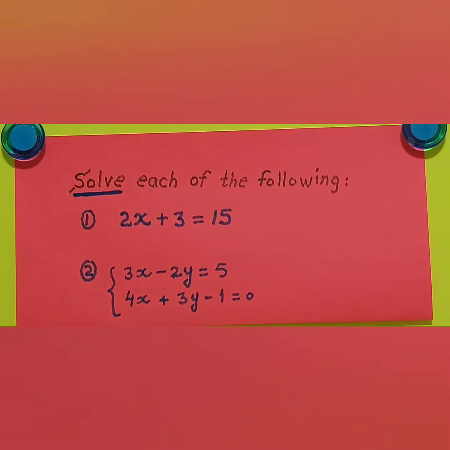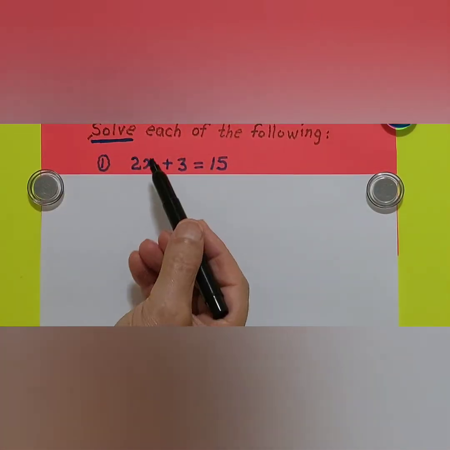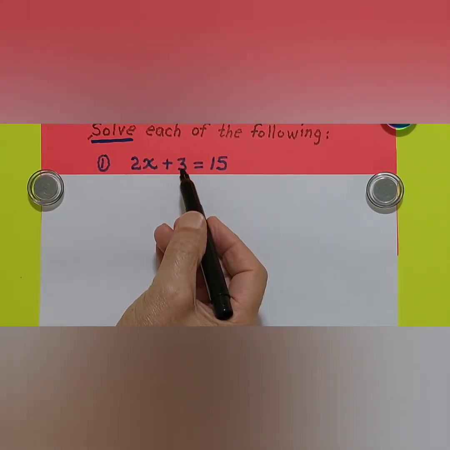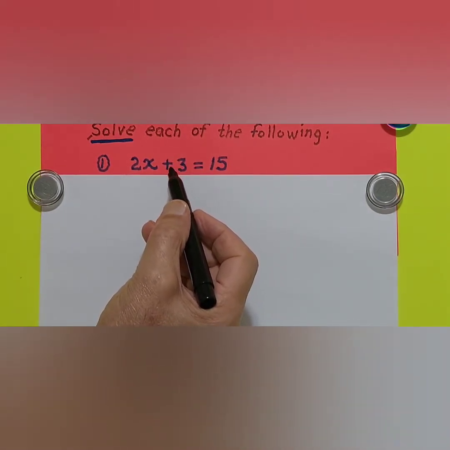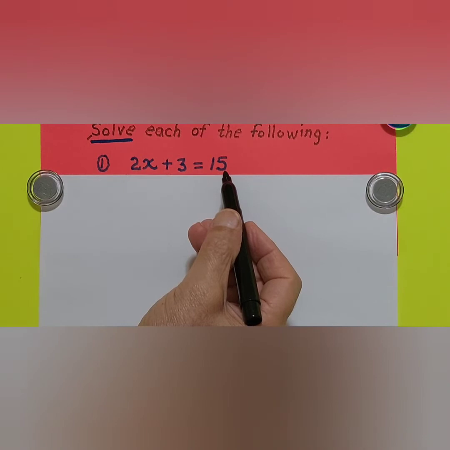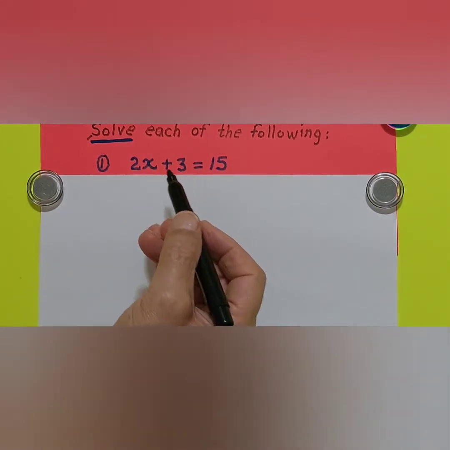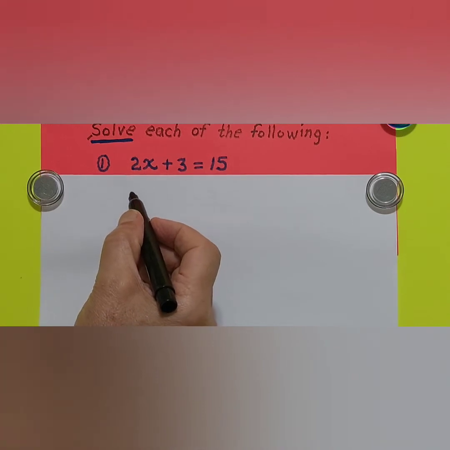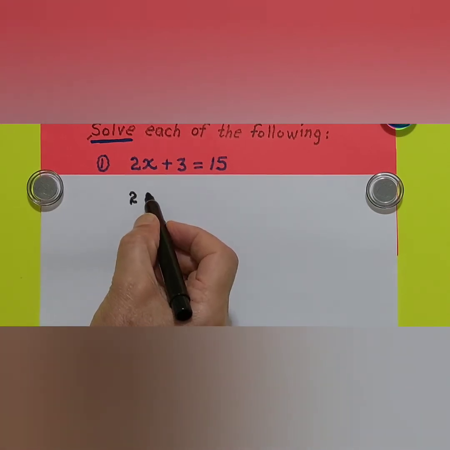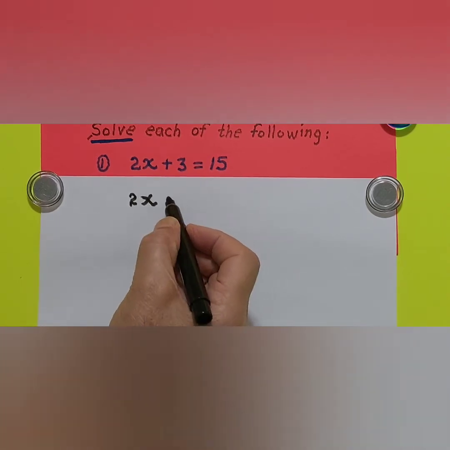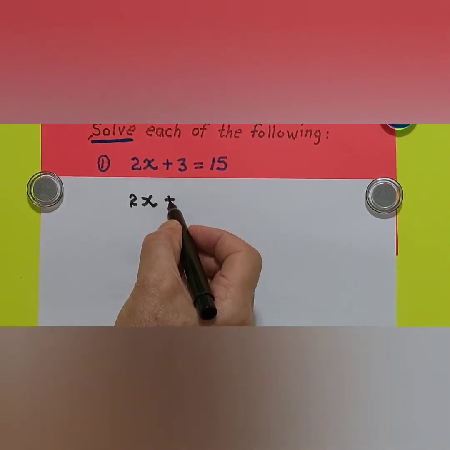So please follow me. To find the value of x here, the first step, we try to remove number 3. And this can be done by adding -3 on both sides of the equation. By this way, we can write here the first term, which is 2x, then plus 3.